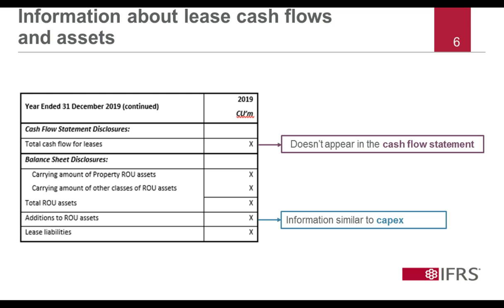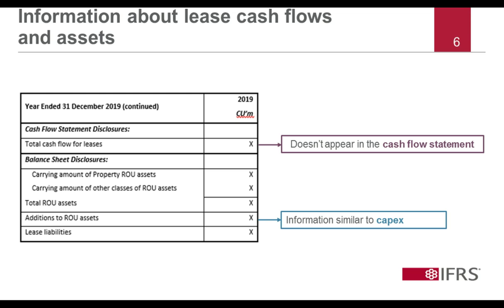This disclosure was really a direct consequence of the board's decision about cash flow statement presentation. For various reasons, but primarily for coherency across the primary financial statements, the cash flow statement treatment of leases will be similar to that for today's finance leases.